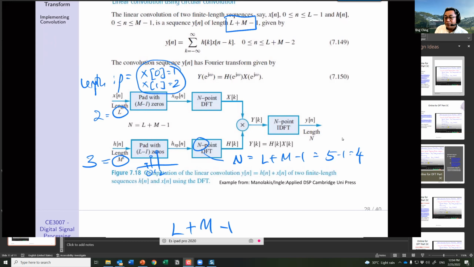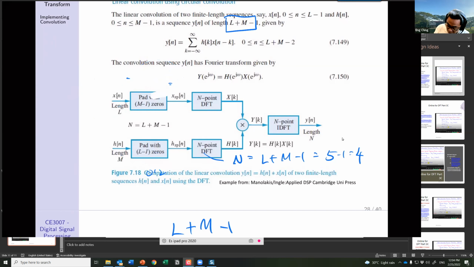N-point DFT. Now, since your input is shorter, your input was only 1 and 2, what do I have to do? I have to do 1, 2, 0, 0. Agree? This is called zero padding. Just now, my h was 1, 2, 3, right?